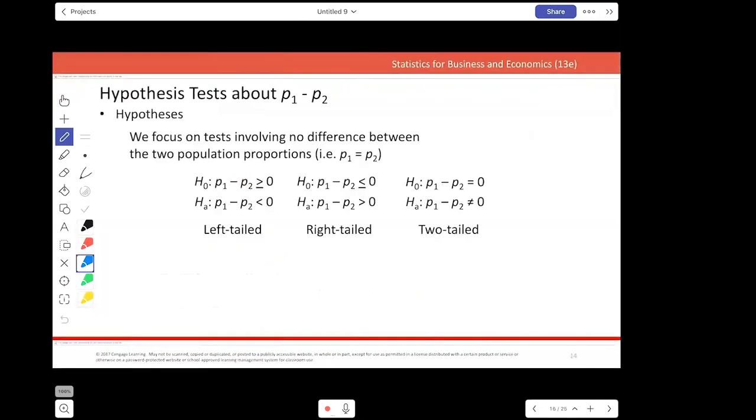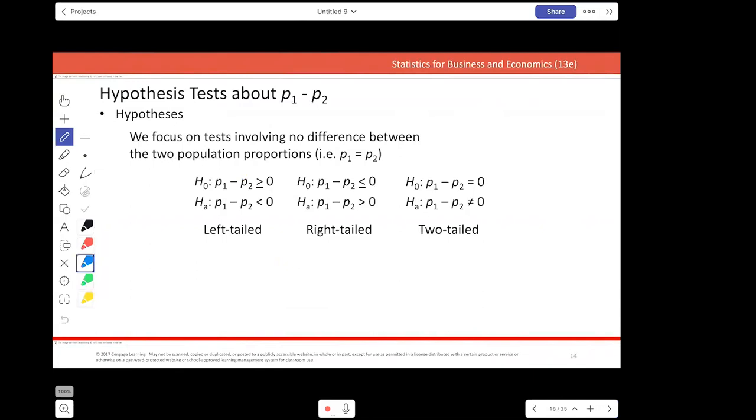If we now move to hypothesis testing, what we need to know is the test statistic. Remember that we're still dealing with the same 5 steps: we state the hypothesis, state the test statistic and the decision rule, collect the data, compute the value of the test statistic, and then measure how strongly it supports the claim we're making.